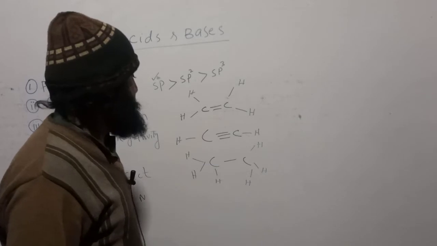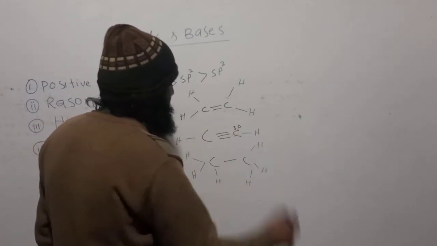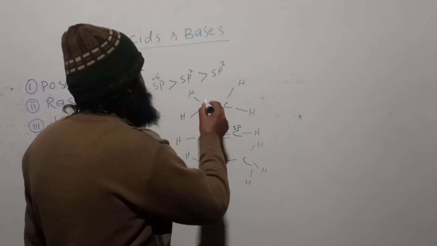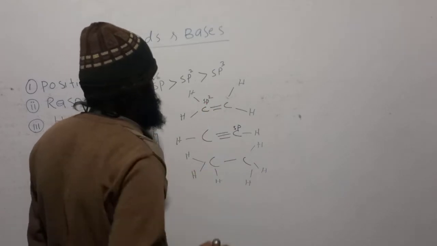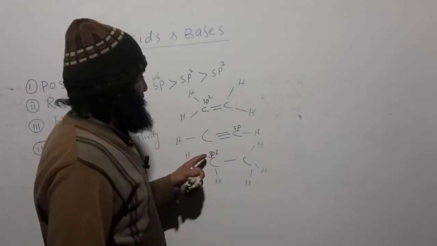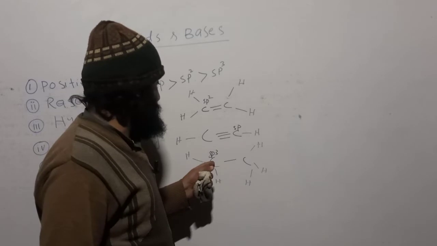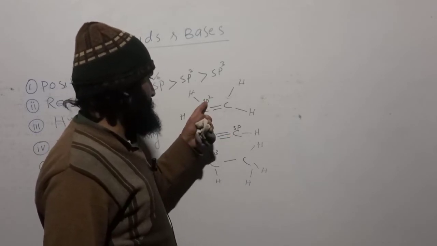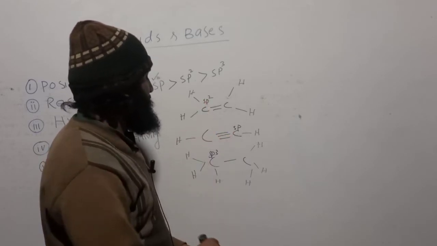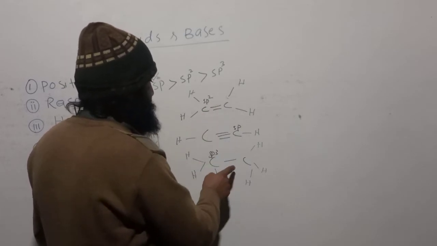So you can see here sp hybridization is present, here sp2 hybridization is present, while here sp3 hybridization is present. The s character in this carbon is about 25%, which is less than this and less than this. So it means this is more acidic than this one, and this one is more acidic than this one.